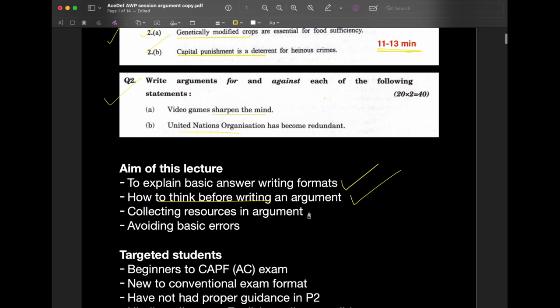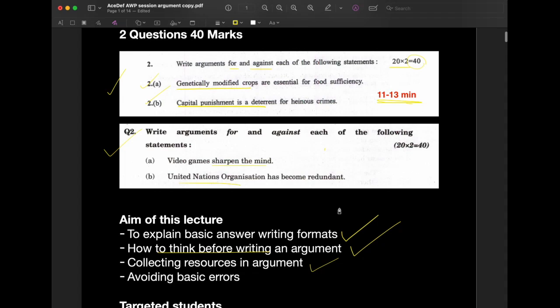Like this, many coachings, and if you search on the internet, there will be a list of ethical dilemmas and topics which are being asked. So my suggestion is, first you exhaust your 2013 to 2023 resources.